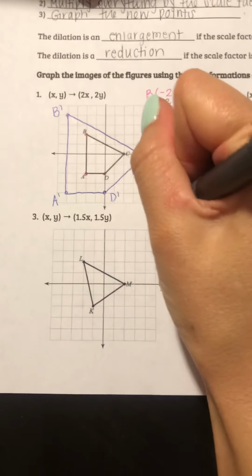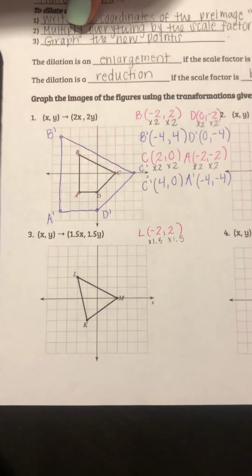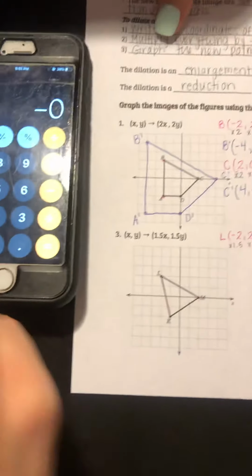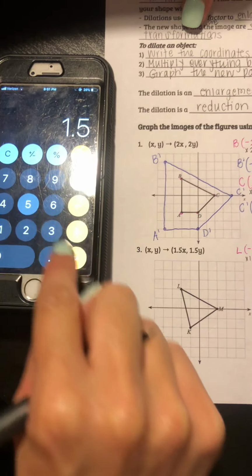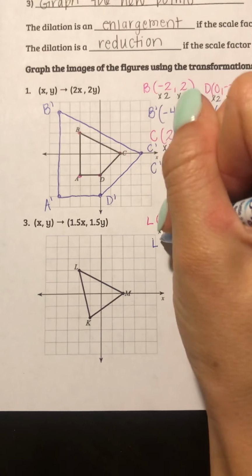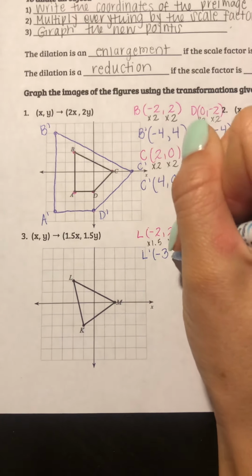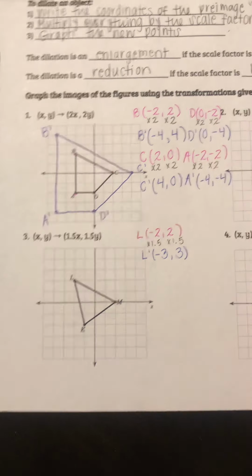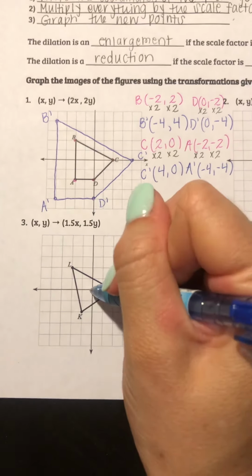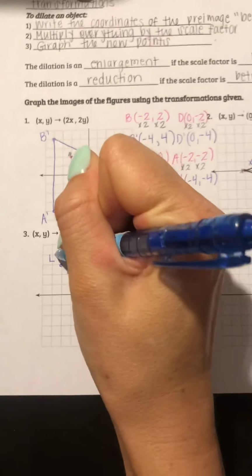And I'm gonna multiply both of them by 1.5. And that gives me L prime, which is at -3, +3. So I'll put that, L prime.